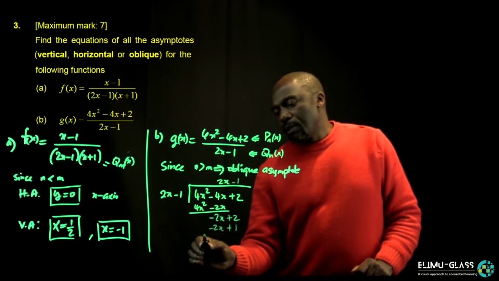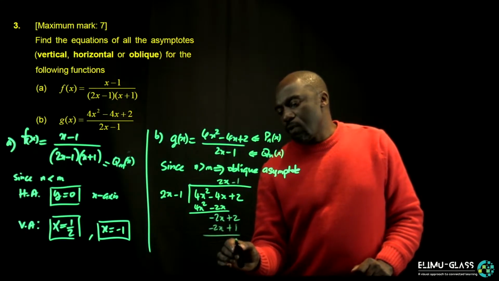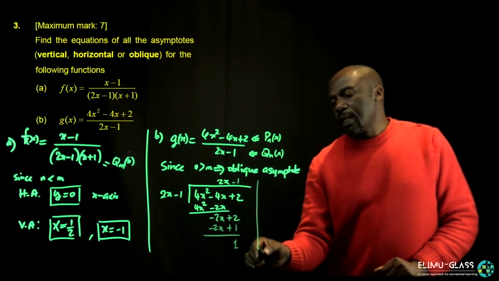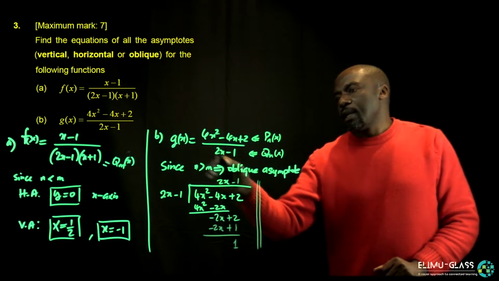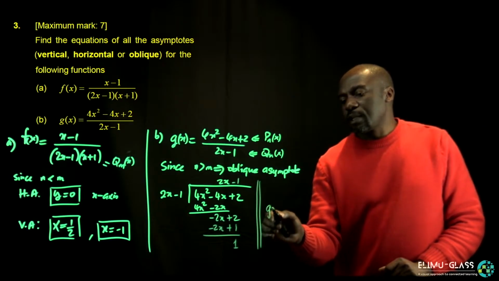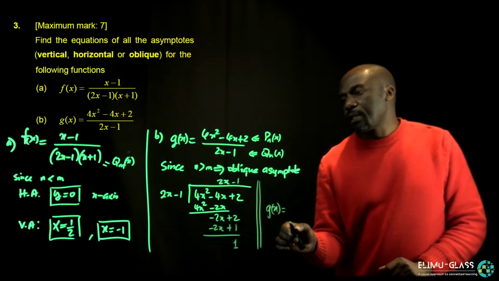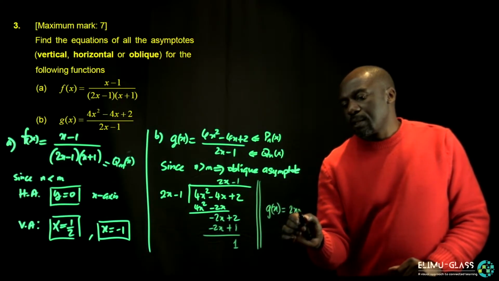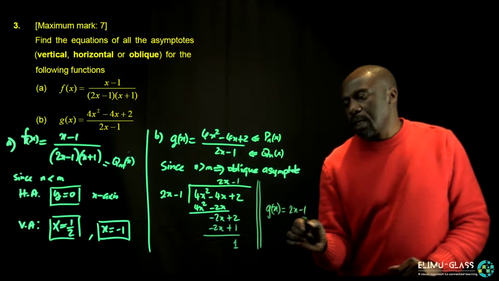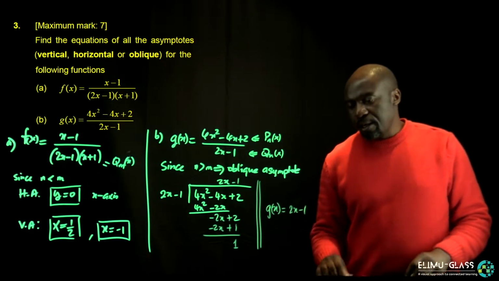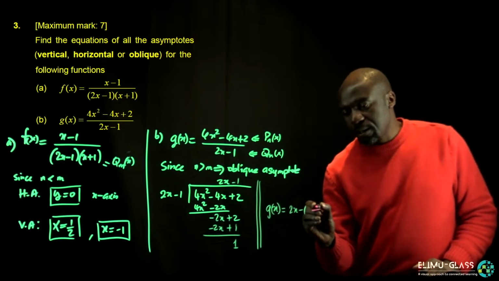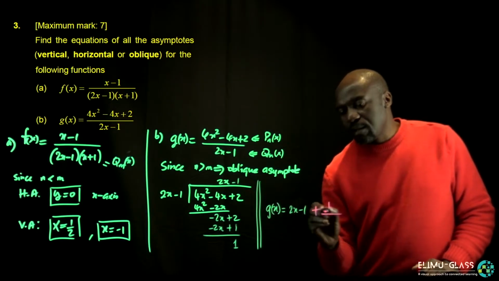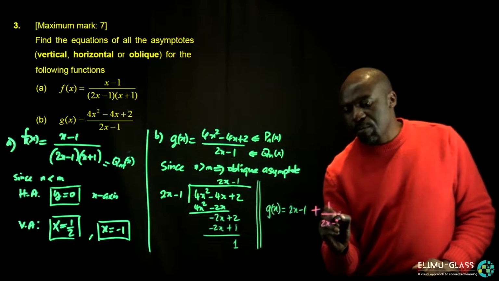Okay, and if we subtract this, we end up with 1 there. What this is telling us here is that g of x can now be expressed as 2x minus 1, plus a remainder, which is 1 over the divisor, 2x minus 1.